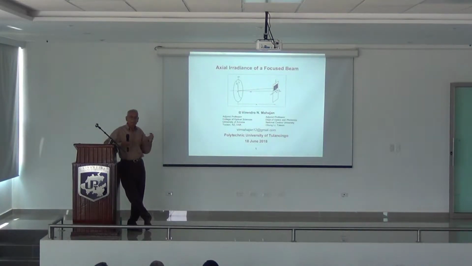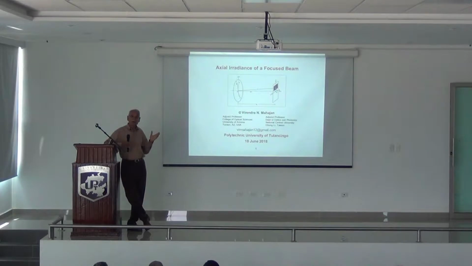Second, if we have a perfect beam, and that means no aberration in the beam, aberration-free beam, whereas in general you introduce aberrations, the value of the irradiance at the center goes down because of the aberration.